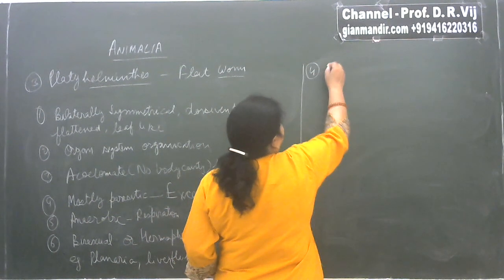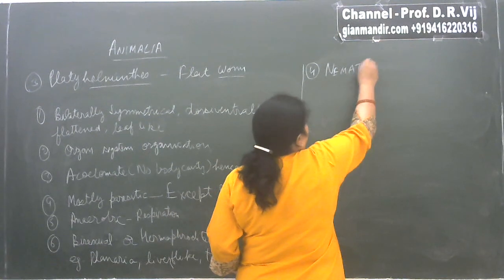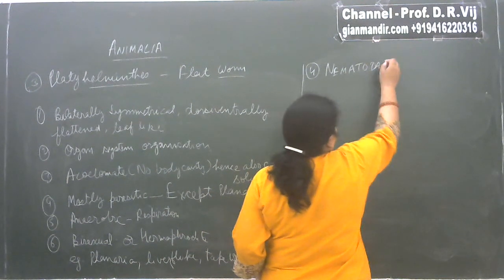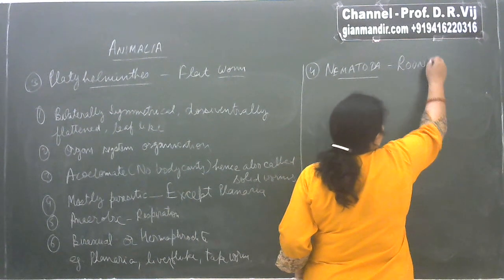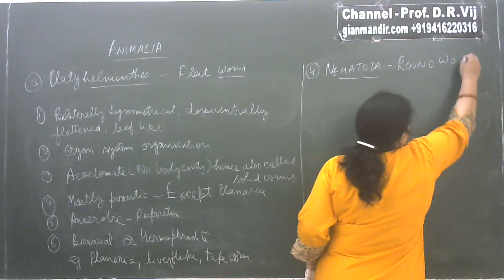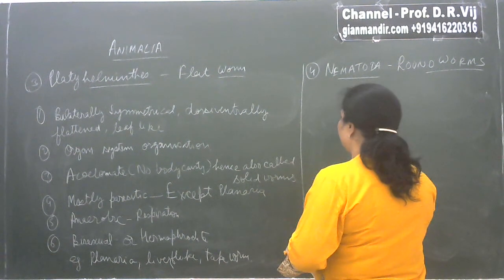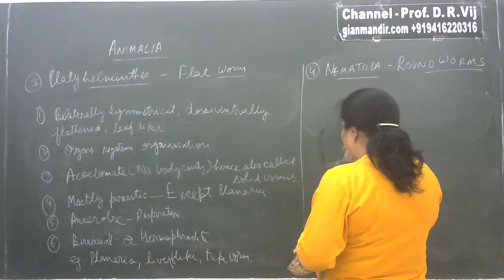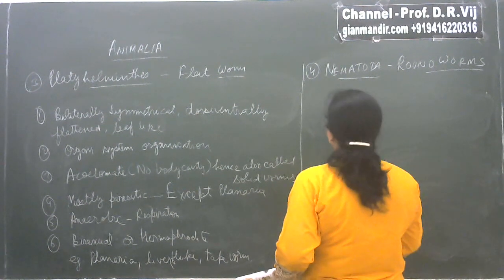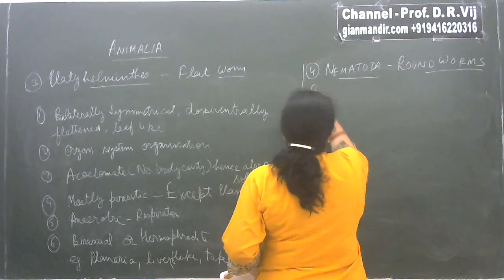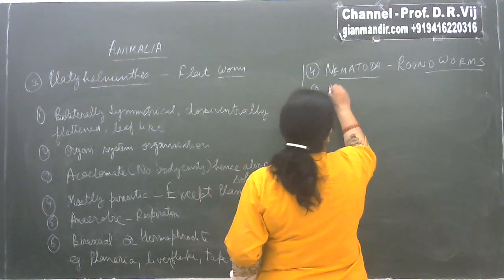So the next phylum here is Nematoda, which are also commonly known as roundworms. As the name shows, their body is cylindrical, and because of that cylindrical body, they are roundworms. If you look at their features, they are bilaterally symmetrical and pseudocoelomate.